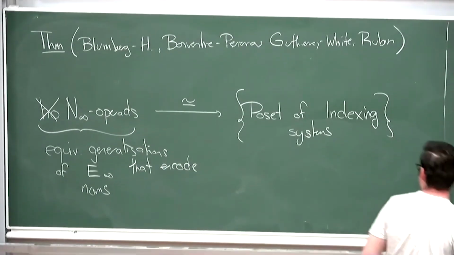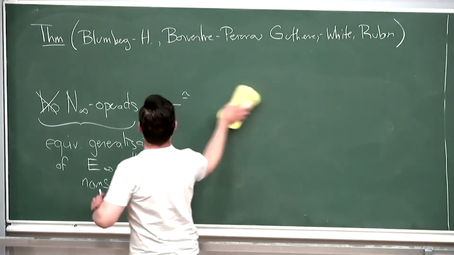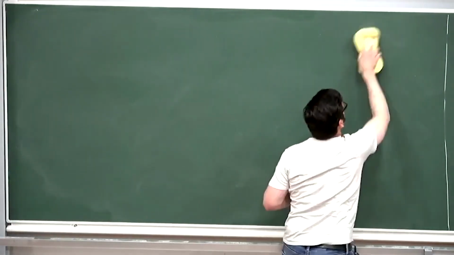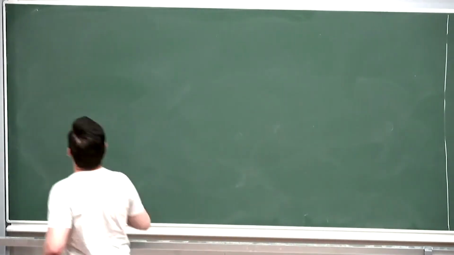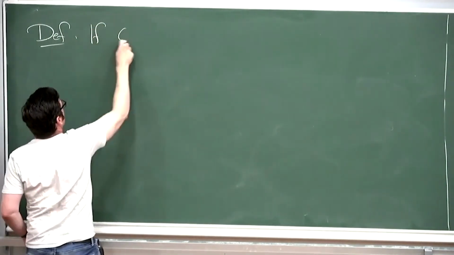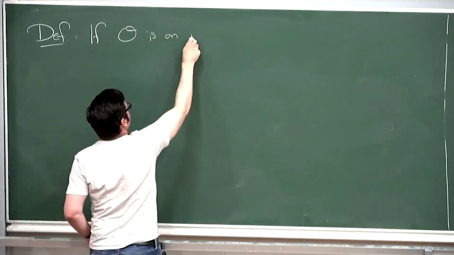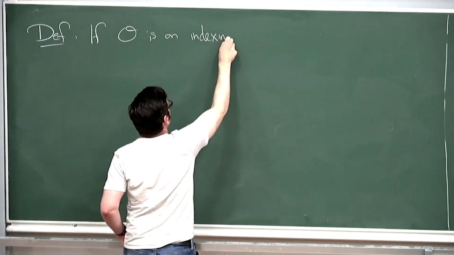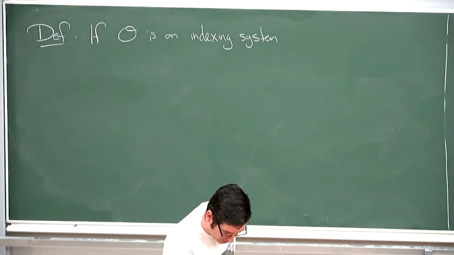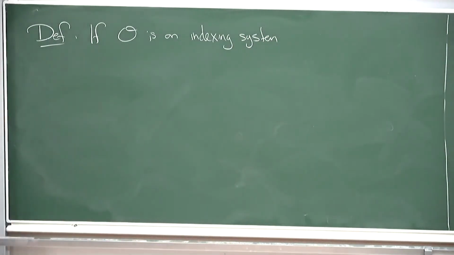I'm going to say if O is an indexing system, and now I feel empowered to say that, which is the same thing as an N-infinity operad, which is the same thing as a transfer system, which is the same as an indexing category, whatever you want to think of. But I'm going to do the discrete one.